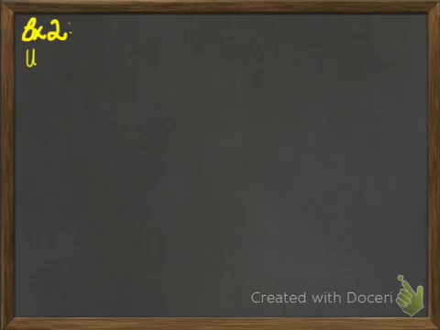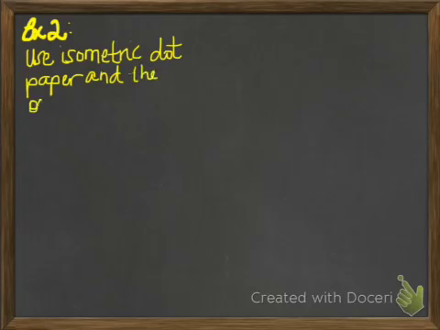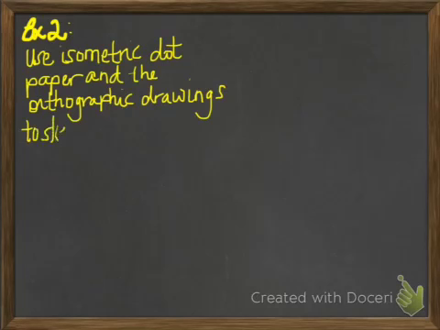All right. Example 2 says use isometric dot paper and these orthographic drawings to sketch a solid.